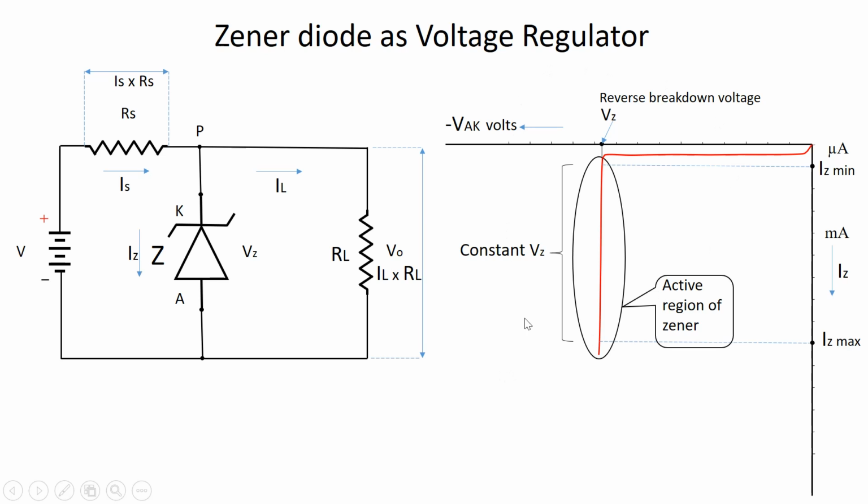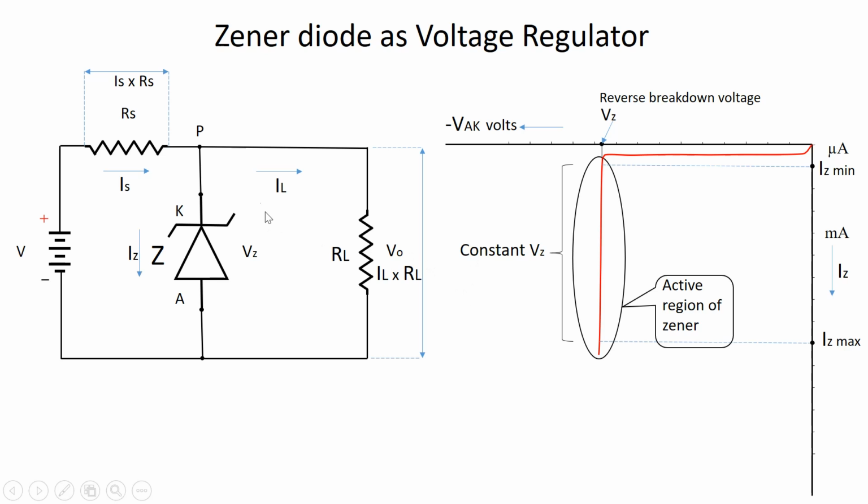Again, the same graphical representation is retained for your reference, and this oval indicates that it is the active region of the Zener. The Zener will be in action only in this reverse breakdown area and nowhere else, in this saturation region and also in the forward biased region.